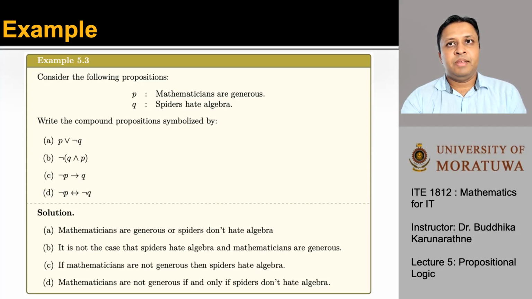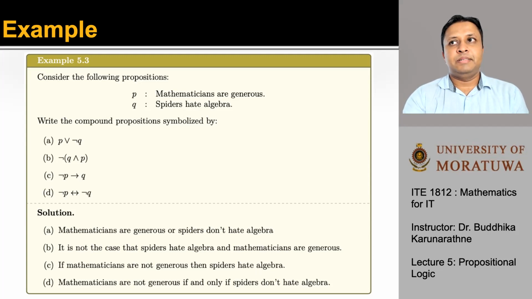What is B? Negation of Q conjunction P. The answer is: it is not the case that spiders hate algebra and mathematicians are generous. You first apply conjunction between Q and P and then take the negation of that proposition. Third one, negation of P implies Q. How do you interpret that?